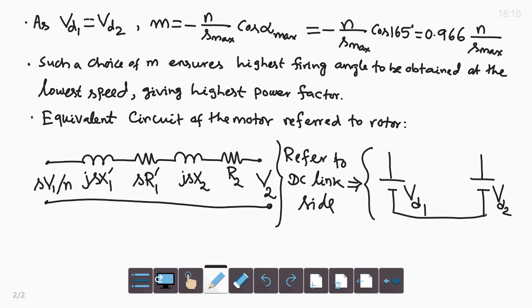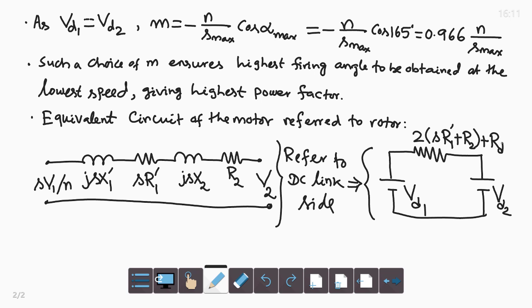And the resistance is 2 SR1 dash plus R2 plus RD.